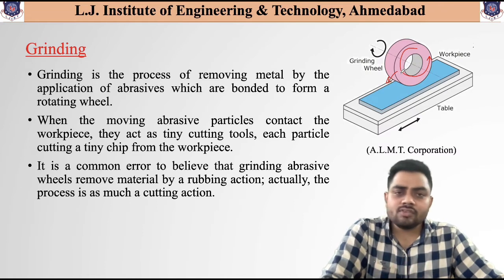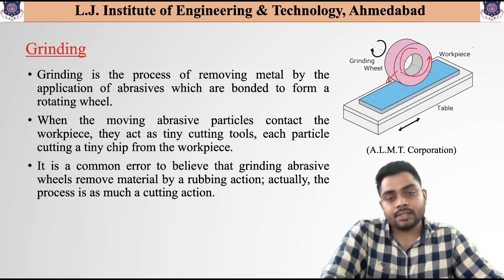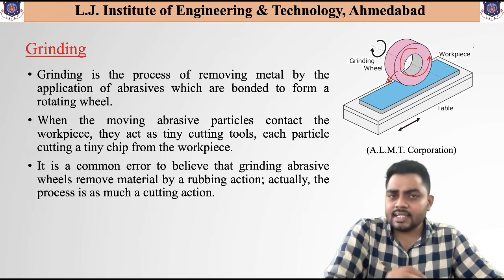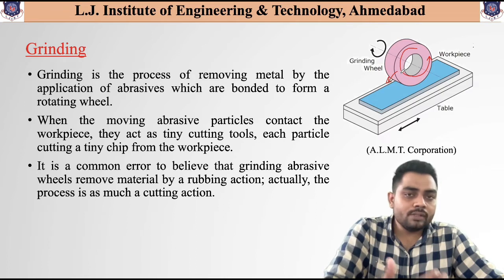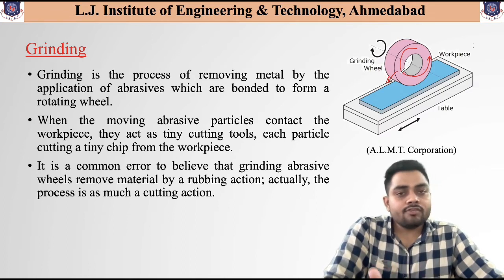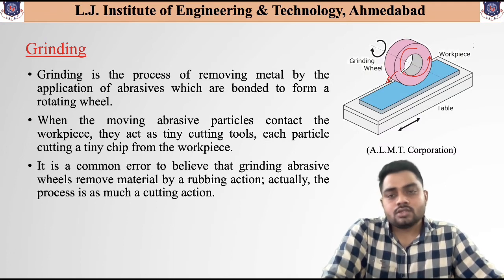There are varieties of grinding operations available that we will discuss in our particular chapter. So basically grinding is a rotary tool. This grinding tool is used to remove material from the workpiece and to provide the surface finish to the component. The detailed discussion we will keep for a further chapter.